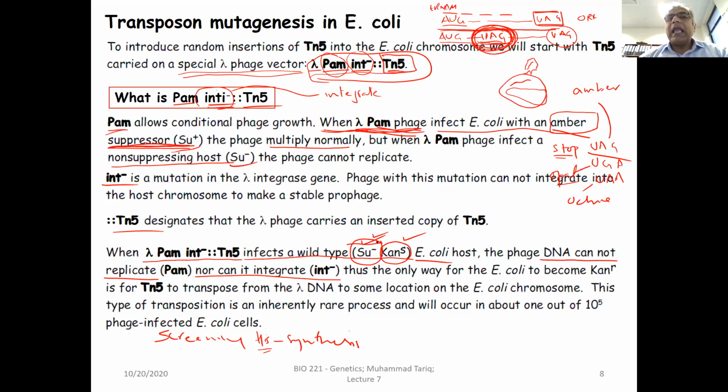Due to lack of amber suppressor, this DNA does not replicate, as well as it cannot integrate into the genome.